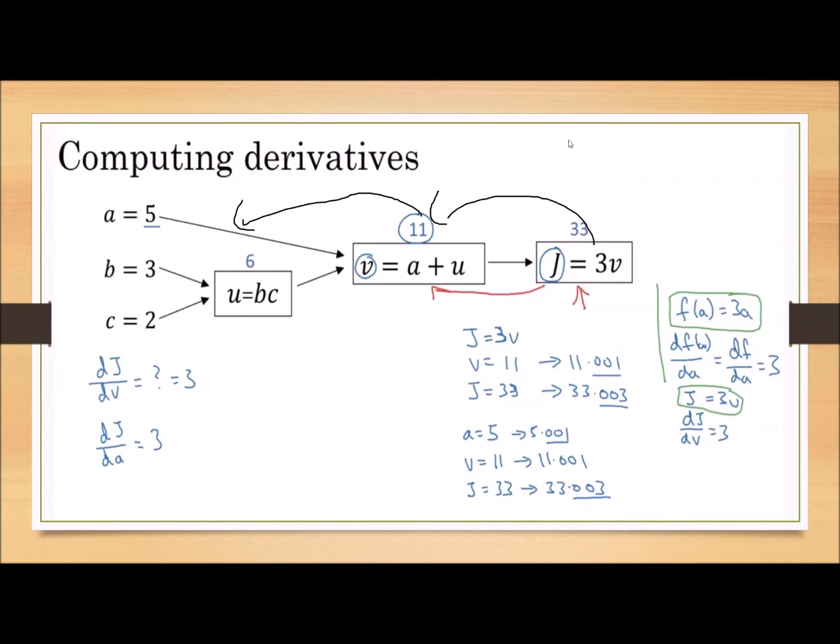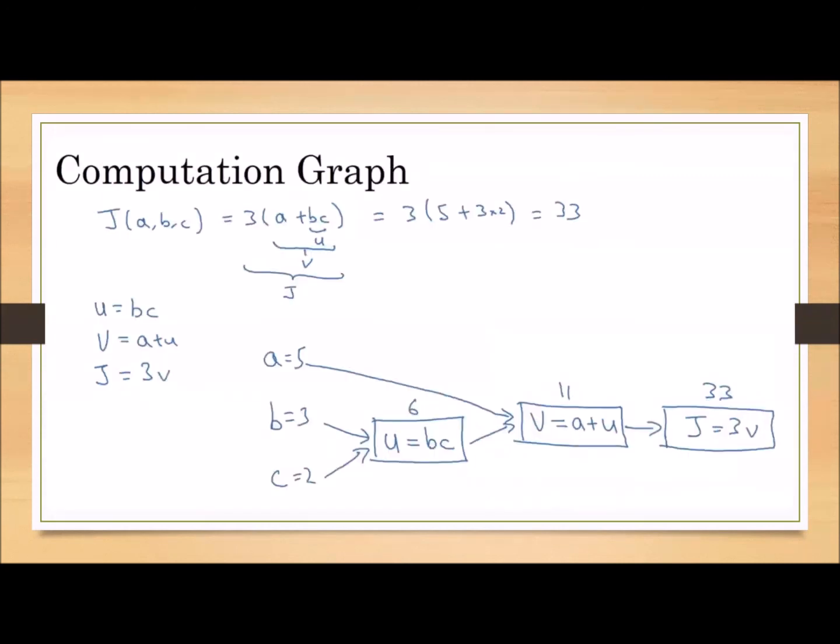Initially, for finding the value of j, we used forward propagation, taking a and calculating the value. But to find the derivatives, how a is affecting j, we go for back propagation. These terminologies will be useful when we discuss neural networks.